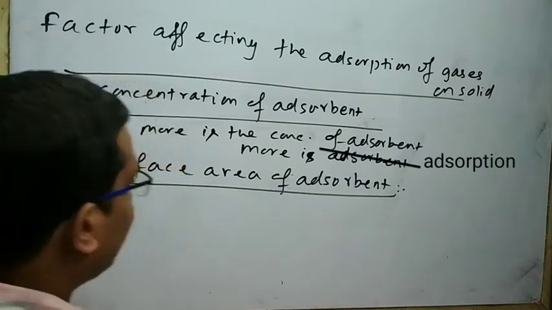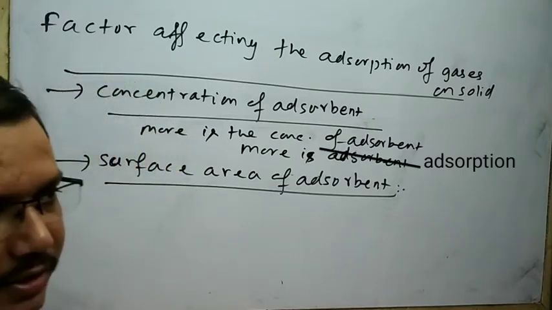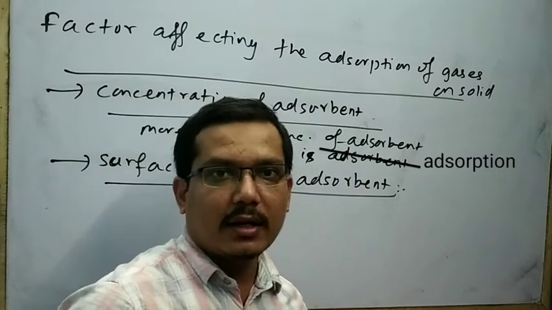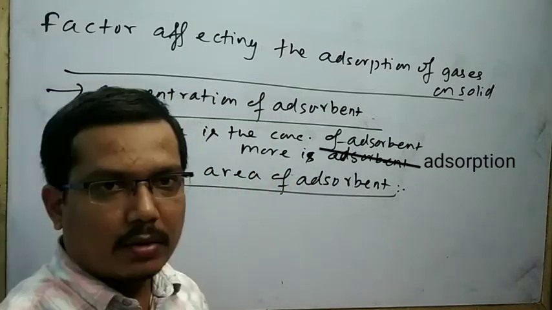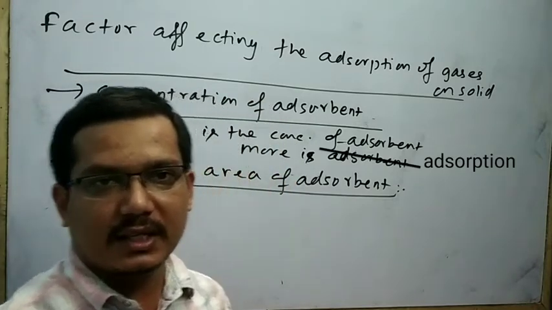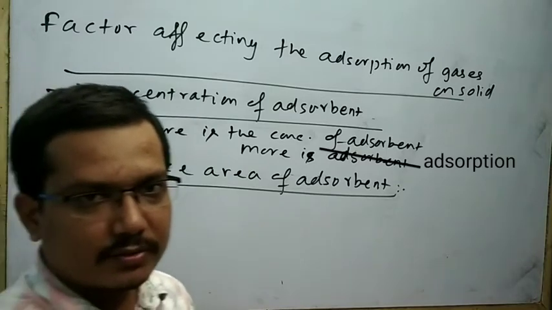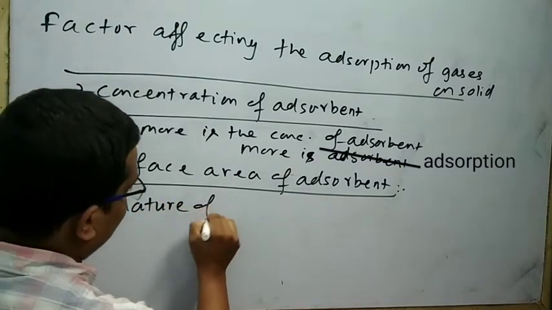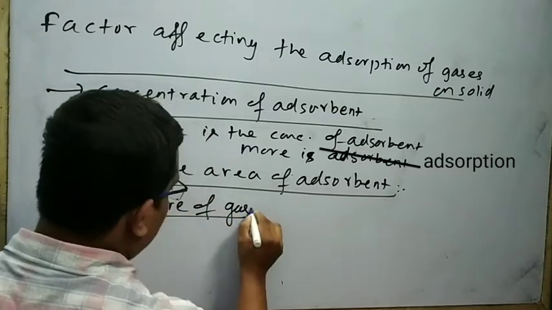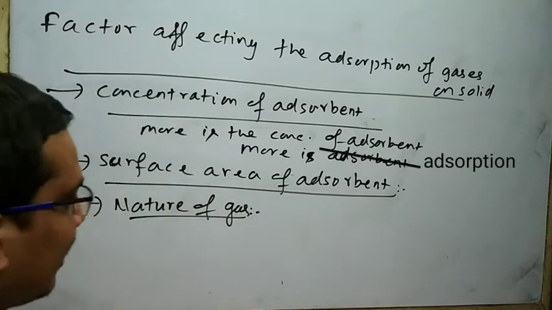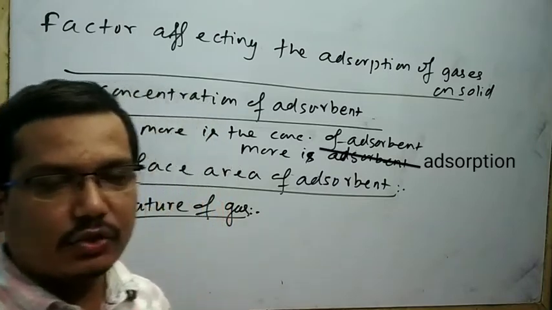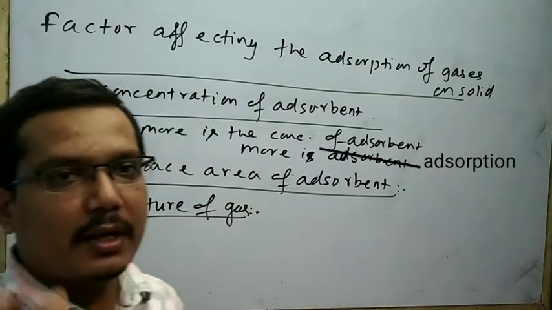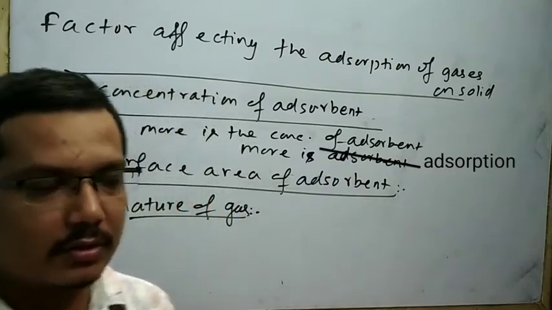For example, finely divided nickel, platinum, etc. and porous substances provide a larger surface area for adsorption. Next factor is the nature of gas. In case of physical adsorption, there is no specificity for a particular gas.